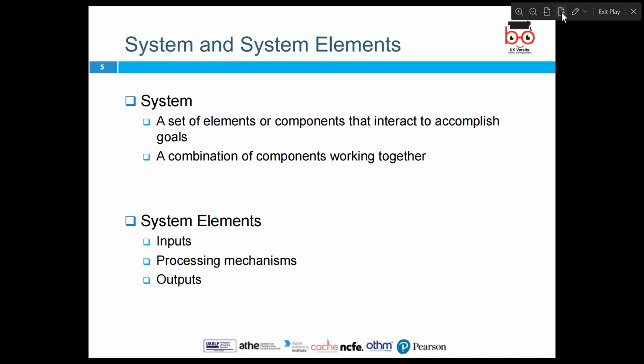Also, it is important to understand the system and system elements when it comes to a computing system. By system, we're looking into a set of elements or components that interact to accomplish a goal. It's simply a combination of components or attributes which have to work together.